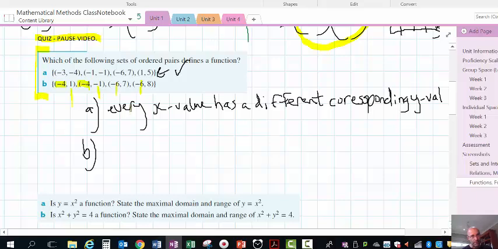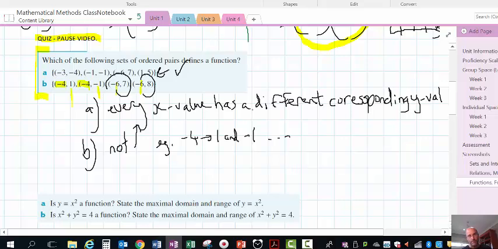Same here, -6 maps onto both 7 and 8. So there's 2 reasons, and so you'd write your answer down. It's pretty much "not" in front of the statement above, and you could write down, e.g., -4 maps onto both 1 and -1, and ditto with the 6's, so you'd write that down as well.